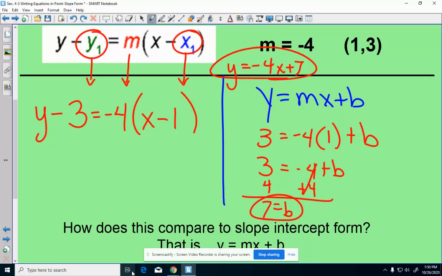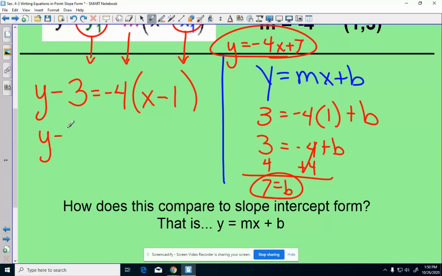What do you think you'll do next? You'll distribute, yep. So it'll stay y minus 3 over here is equal to, that would become negative 4x. And then when I do negative 4 times negative 1, that's positive 4.